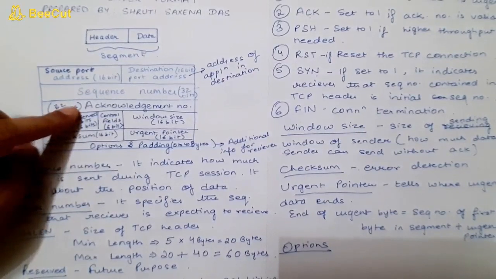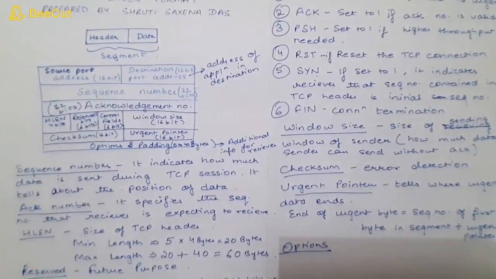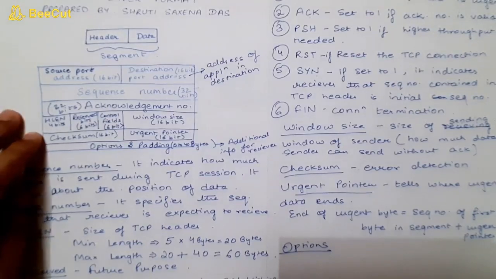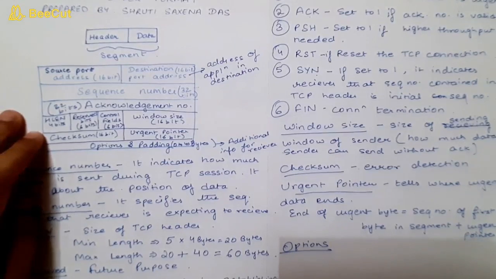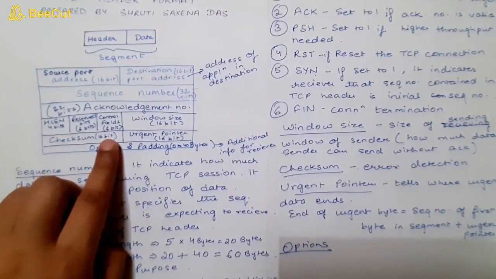Acknowledgement number will specify that the particular segment contains acknowledgement. If the ACK field is set to 1, then only this acknowledgement number will be valid. Then we have header length; we have seen the maximum and minimum length of this header. Then some reserved bits are there. Then we have 6 control bits.